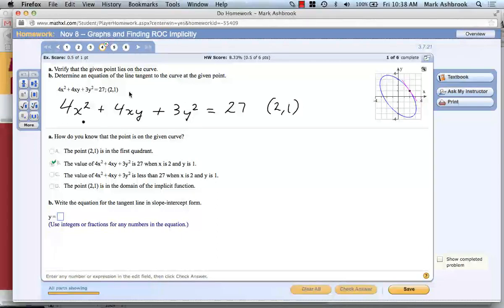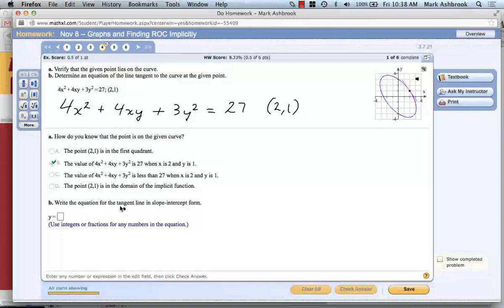Yeah, if you plug 2, 1 into this expression, it'll equal 27. How do we know this point is not on the curve? Those coordinates won't equal. Not well said. Yeah, I agree. So can you say better? If you plug the x and y coordinates of that point into the equation, it won't equal. Much better. Okay, much better.